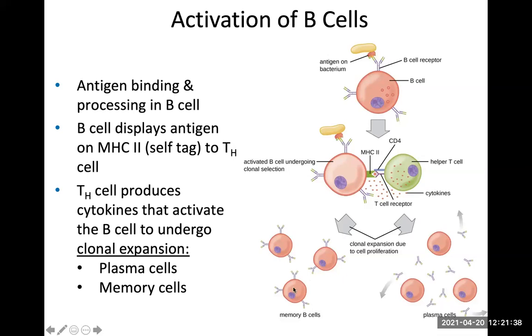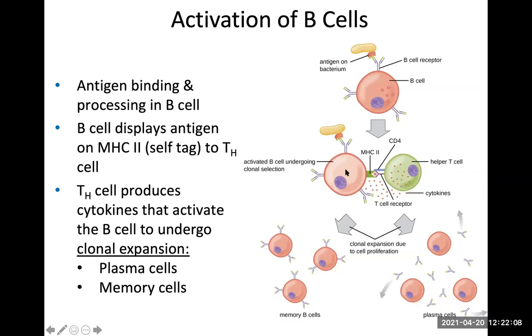And then these memory cells will have the bound antigen, the receptor form, and those will go throughout the body to provide lifelong immunity in case that antigen ever shows up again. These are ready to just immediately turn into plasma cells. And then you'll also get more memory cells. And so each time you'll have an even stronger and faster reaction.